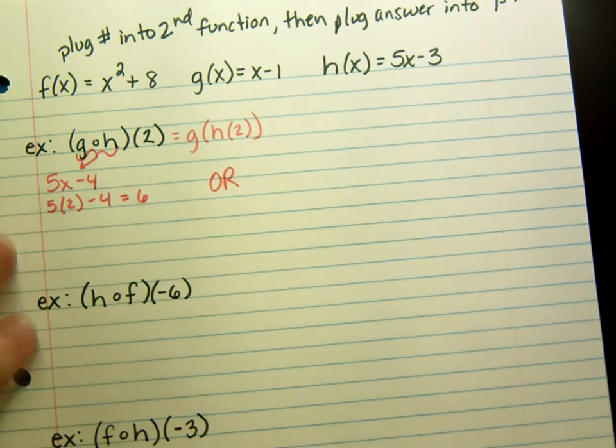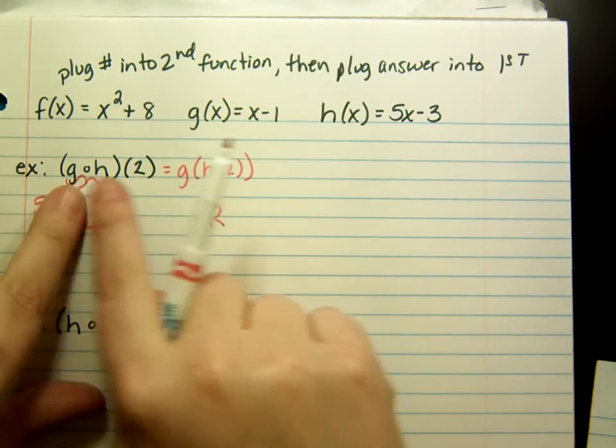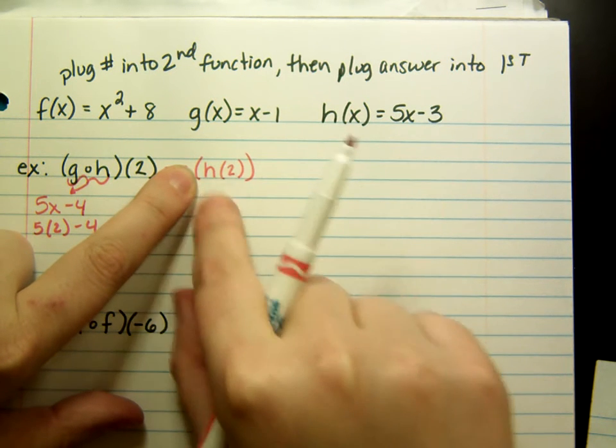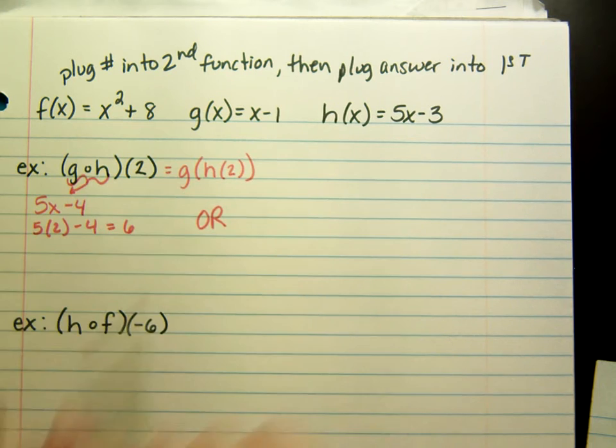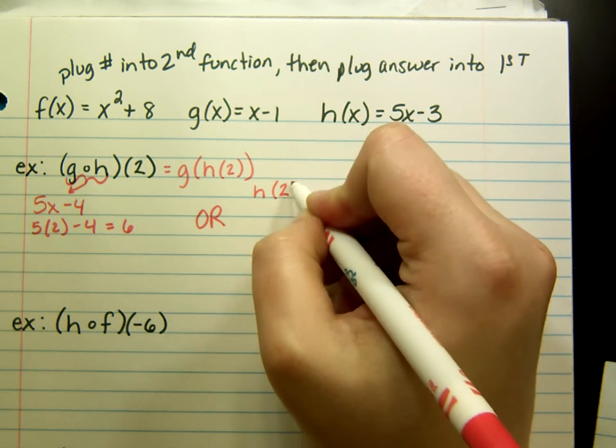But let's say it was a really long, complicated expression, and you didn't really want to work that out. There is another way you can do the composition of functions for a specific value. And that is to plug your number into the second function. So plug 2 into h of x. And then whatever number you get for that, plug that into g of x. So another way to work this is start by plugging 2 into h of x.